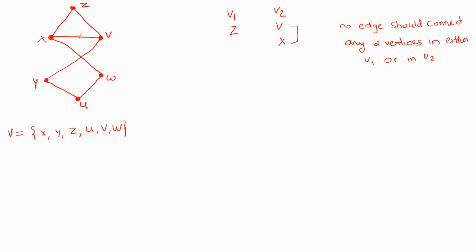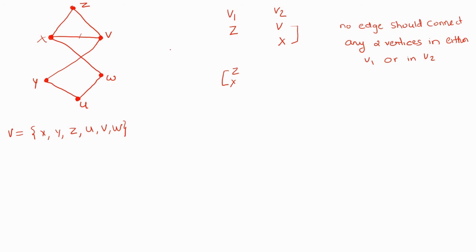Yes, this condition is not satisfied, and again there is no way for this x. We have to put it either in V2 or in V1. Therefore, if we put it in V1, then again there exists an edge between Zx, and if we put it in V2, there exists an edge between Vx.